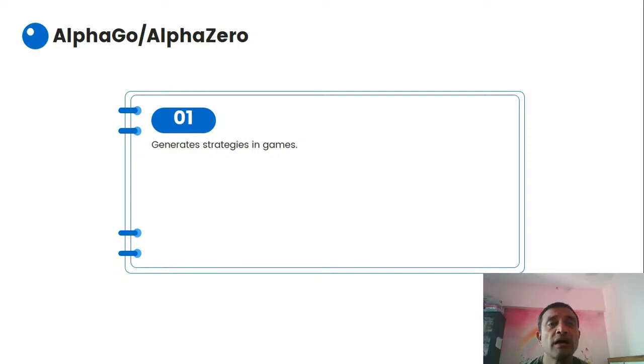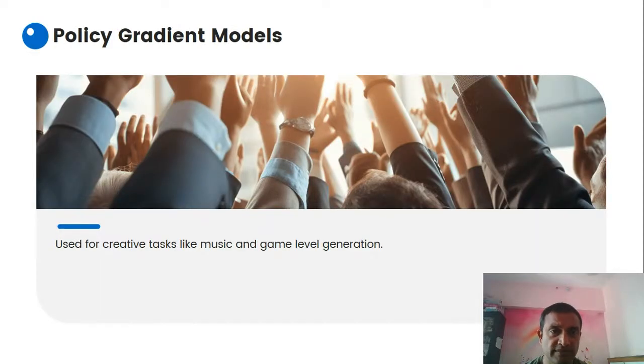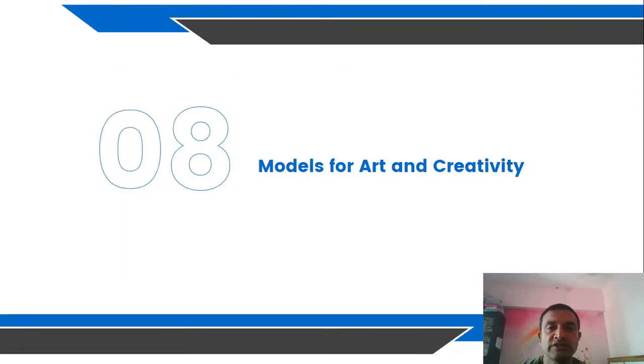So these are other variations, you can say scenario based models which can help you, so that comes under the multitask models. So policy gradient models are used for creative tasks like music and game level generation, right? So these are the models used for music as well as game level generation.